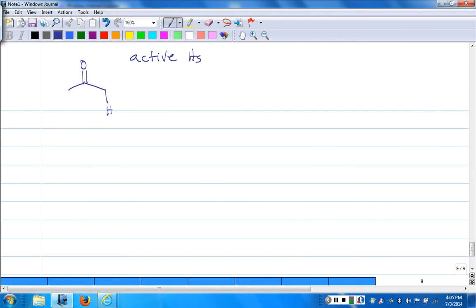An active H is a hydrogen that is adjacent to an X multiple bond Y site, so that if I pull the H off as H+, the anion is resonance stabilized. So we've seen that enolates have active H's, right? It's an H that is adjacent to an X double bond Y, so that when the proton is pulled off, the species is resonance stabilized. That is my definition of an active H.